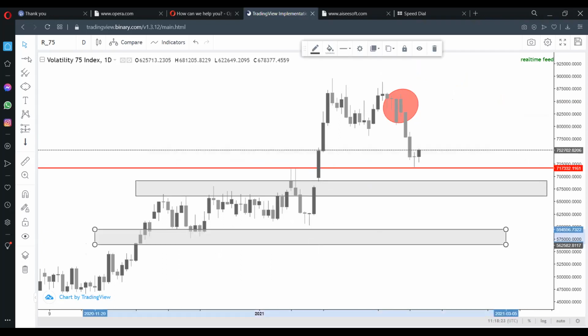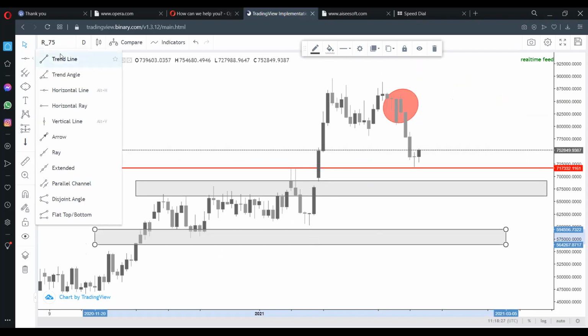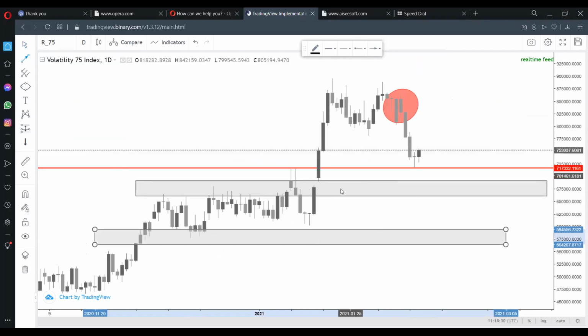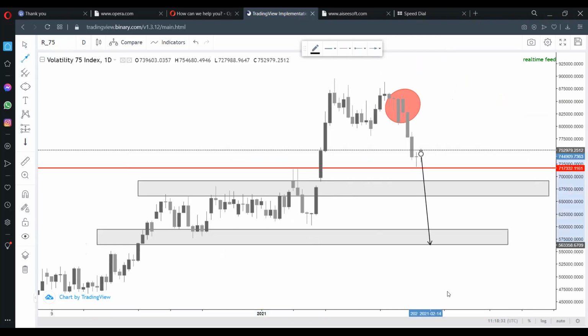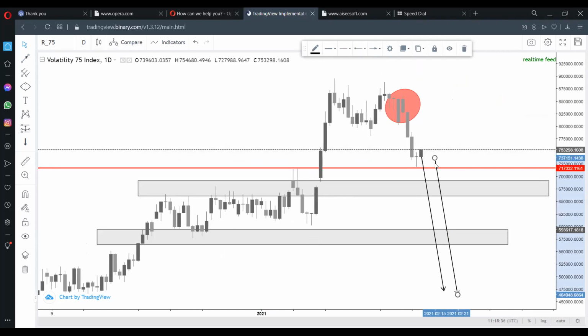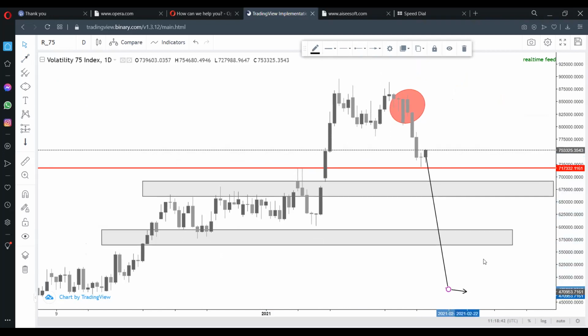If price is able to fall to this point, break this one, and come back and test the same area and give us lower highs and lower lows, then all the price action traders will be looking to sell. For here, all the price action traders are looking to buy.